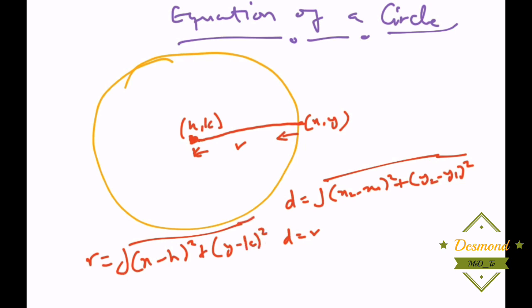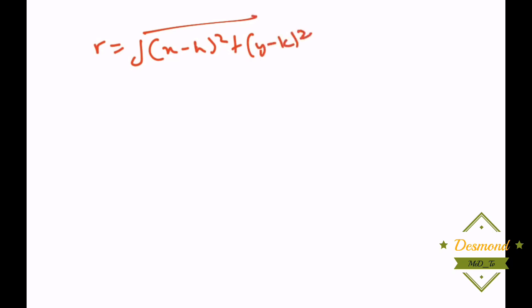To get the equation of the circle, we need to eliminate the square root. We do this by squaring both sides of the equation. So with our equation, R is equal to the square root of X minus H all squared plus Y minus K all squared.